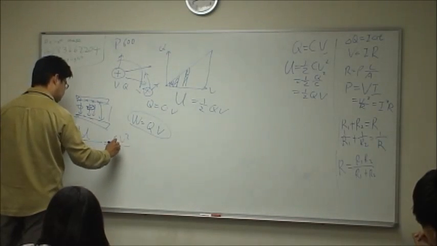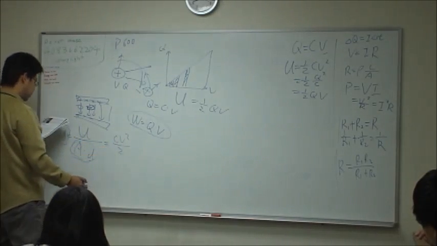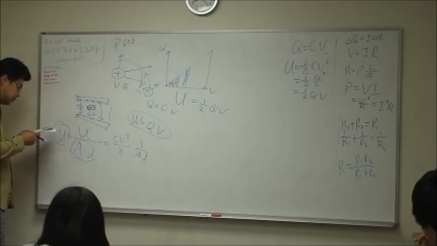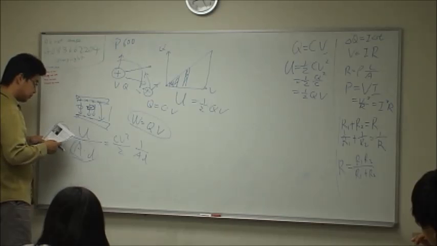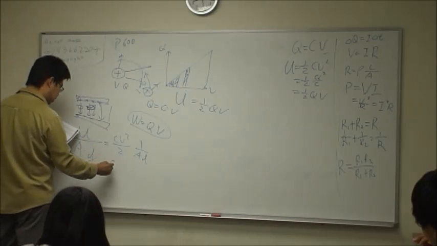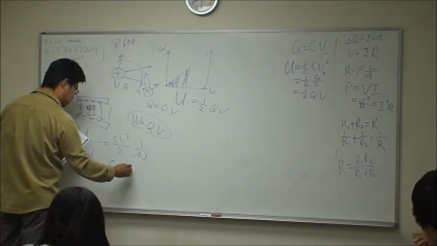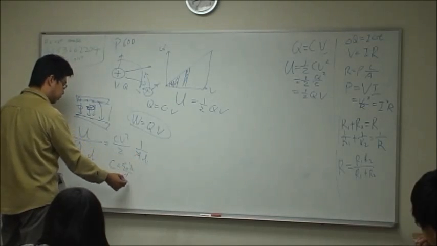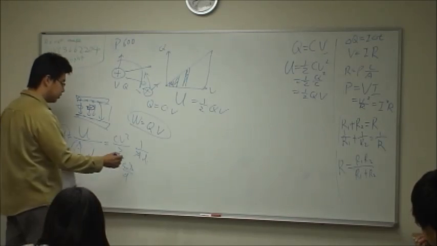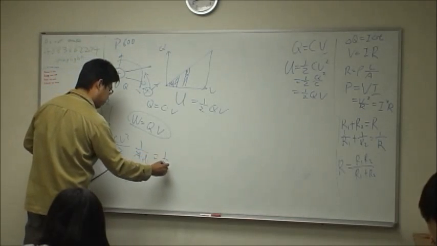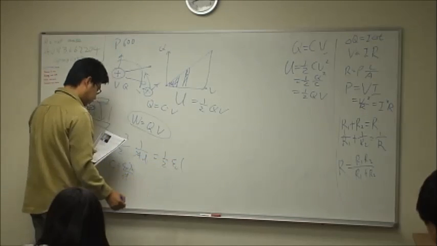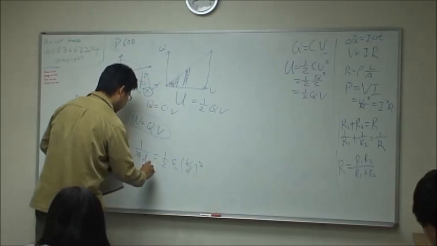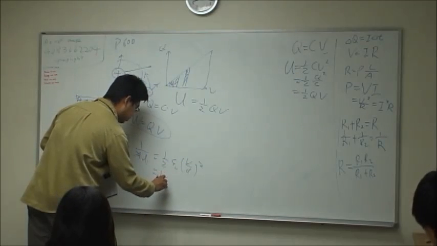CV squared over 2, this is the energy we have, and then over A times D. That's the energy density. And by derivation, if you use C equal to epsilon times A over D, A and A will cancel each other, D will be there. So what you have is 1/2 epsilon times V over D squared, or 1/2 epsilon E squared.